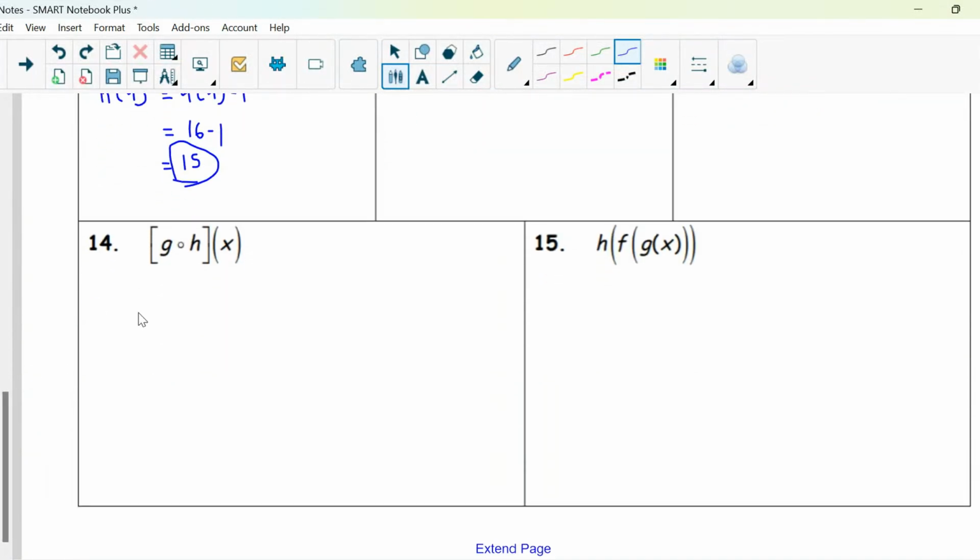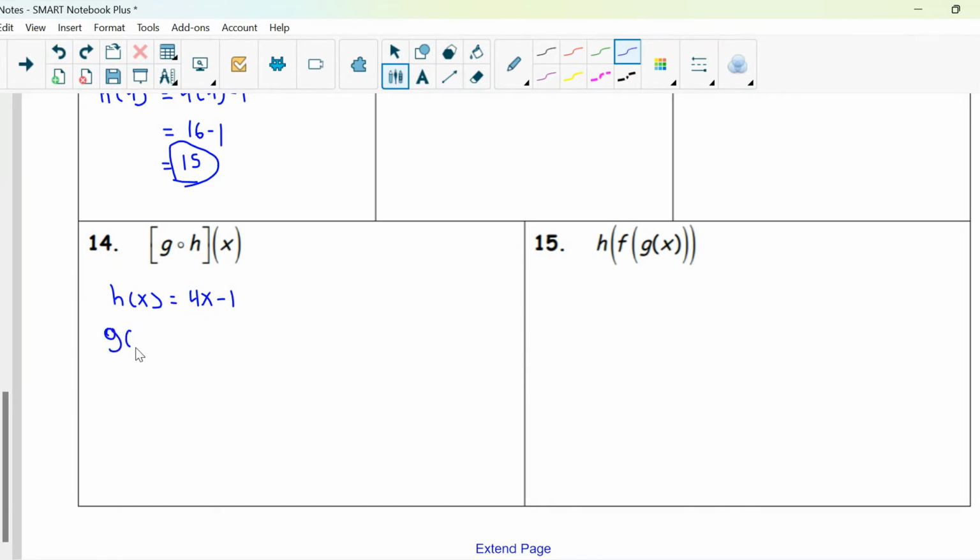In 14, I have g of h of x, so just the opposite of what we just solved. But this time, instead of giving me a value, we are just evaluating for x. The first thing I want to list is what's h of x? H of x equals, exactly what we're given, 4x minus 1. So now I'm going to take this output value, and that's going to become my input for g of x.